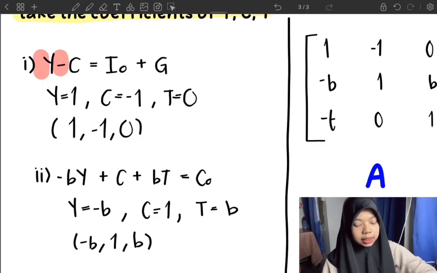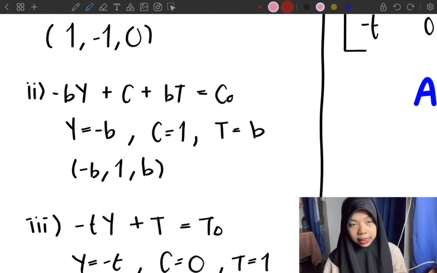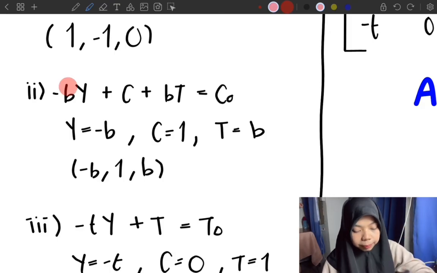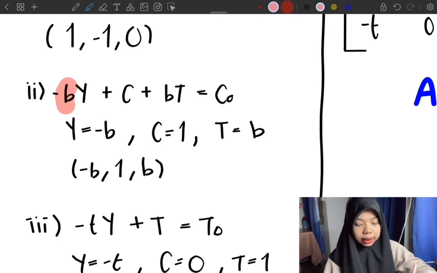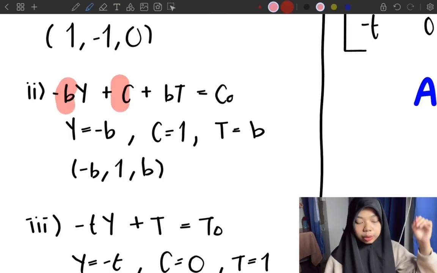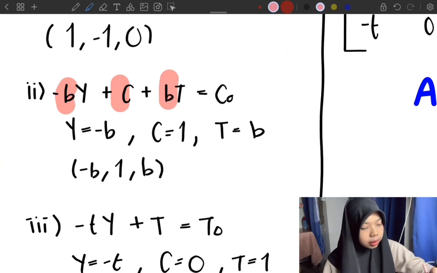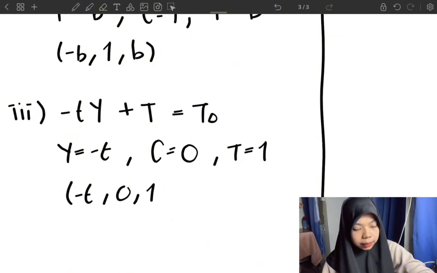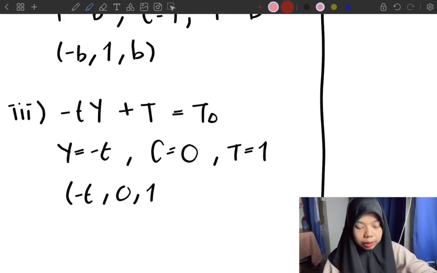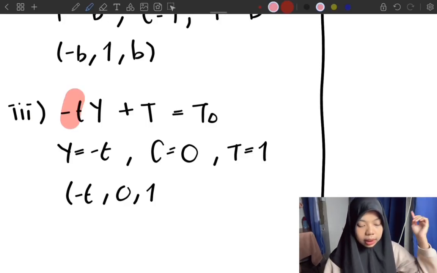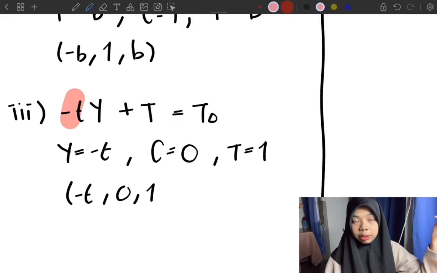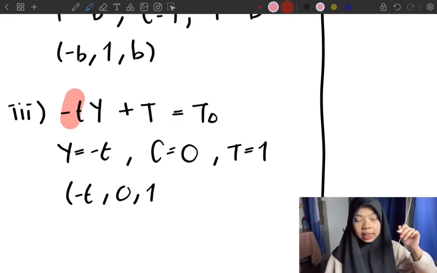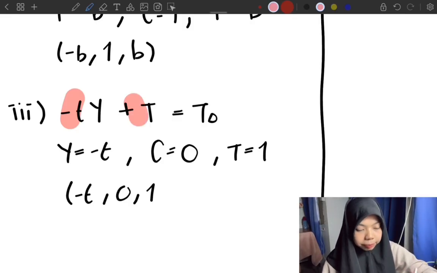For the second equation, we have y equal to negative b, c equal to 1, and t equal to b. For the third equation, we have y equal to negative t, c equal to 0 because we don't have c here, and t equal to 1.